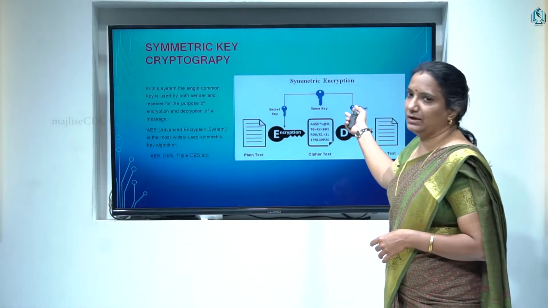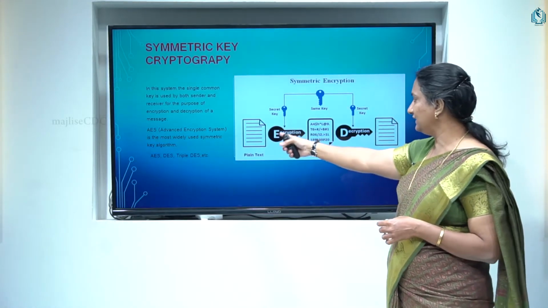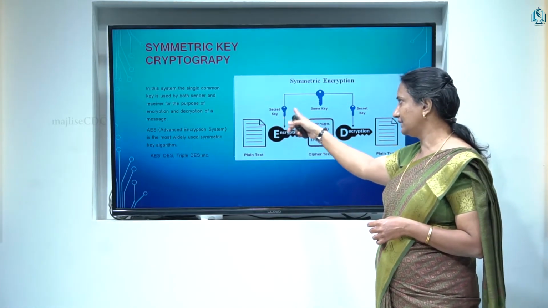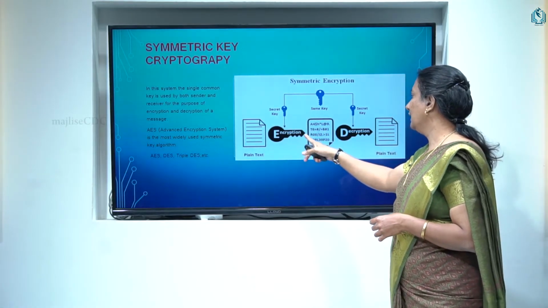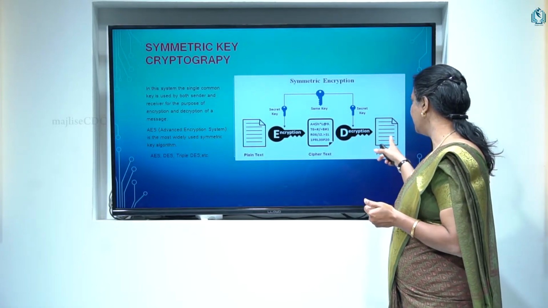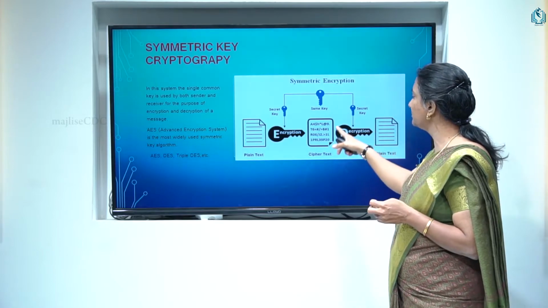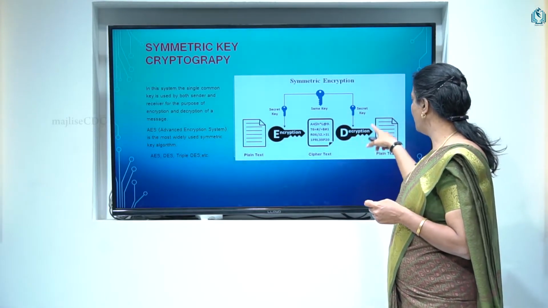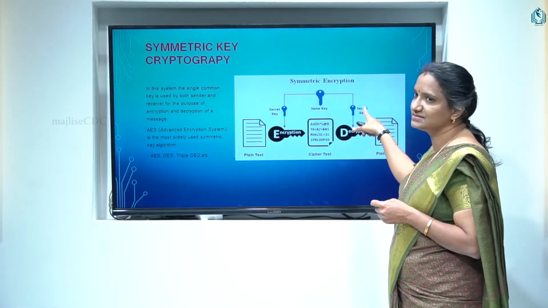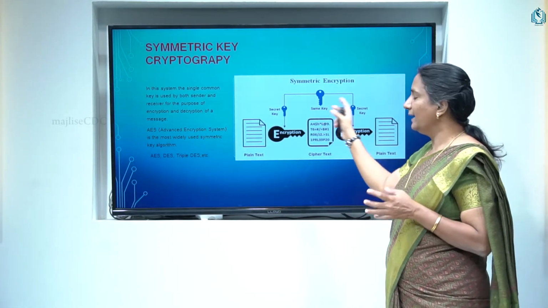This diagram illustrates that when plain text is encrypted using a secret key, the ciphertext is received by the receiver, where on the receiver side decryption is processed using a secret key. So these two secret keys are the same key.